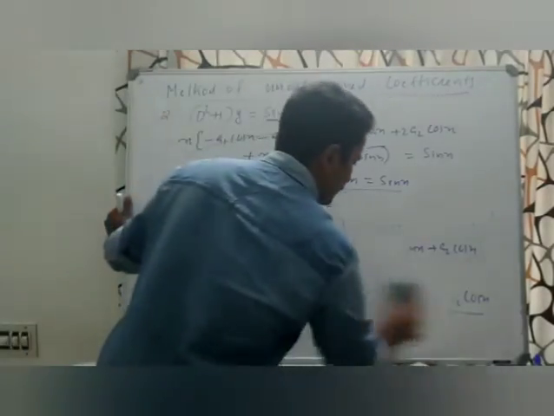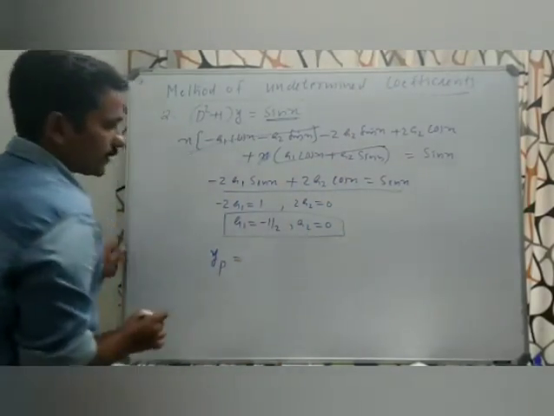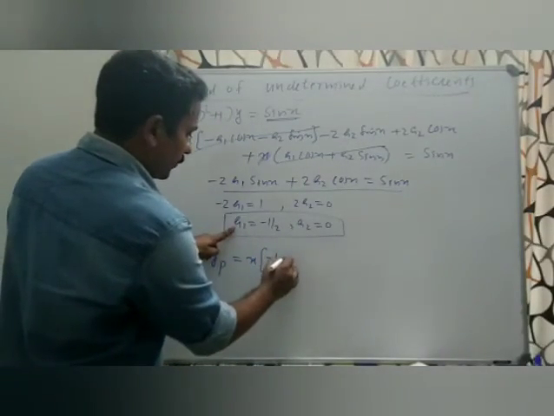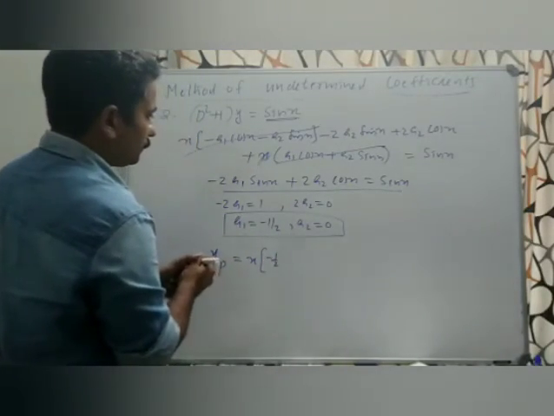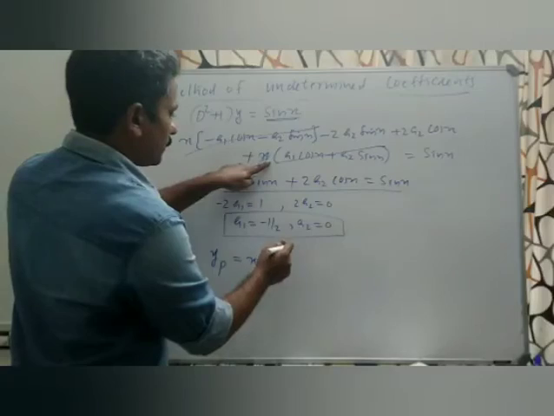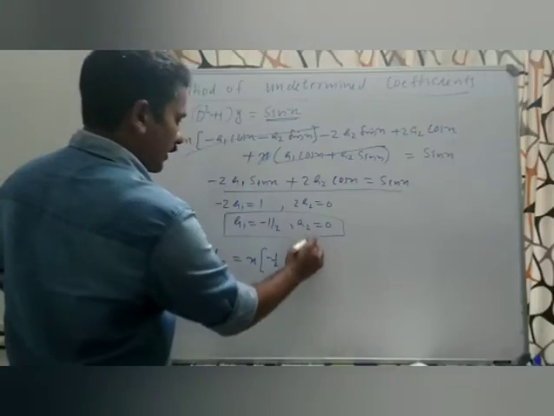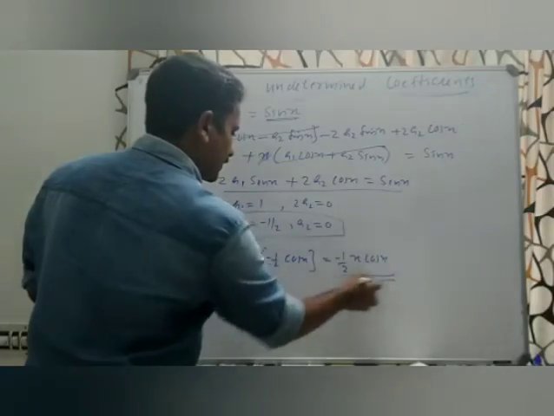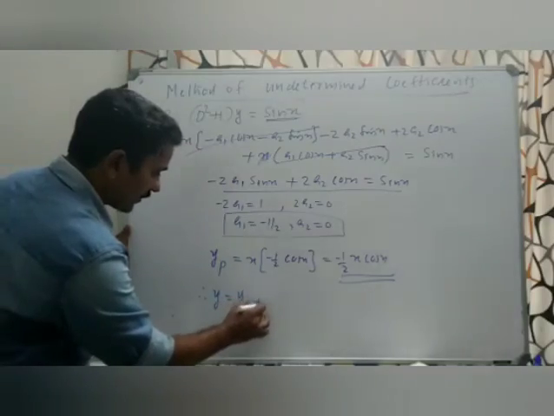Therefore, the particular integral yp is equal to x times a1, minus 1 by 2 cos x, and a2 is 0. So that's it. Minus 1 by 2 x cos x. Okay, and the final solution is y is equal to yc plus yp.